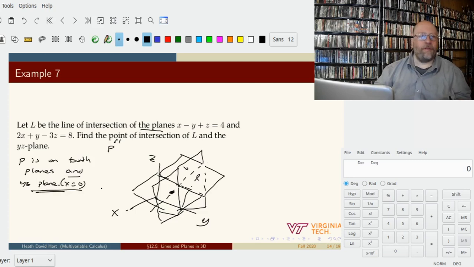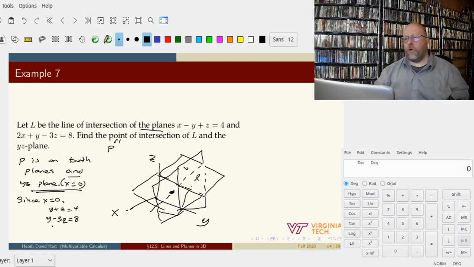And since X is equal to 0, then I can simplify this equation to just Y plus Z equals 4. And I can simplify this equation to Y minus 3Z is equal to 8. And that's two equations and two unknowns, and we know how to solve that.